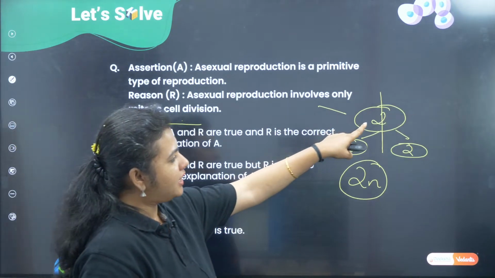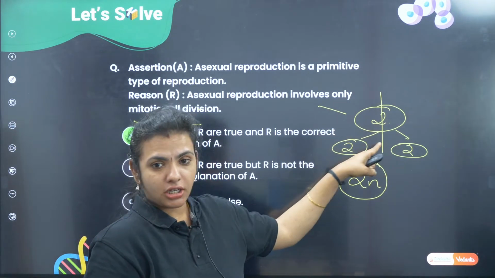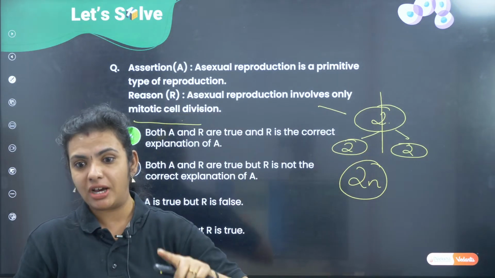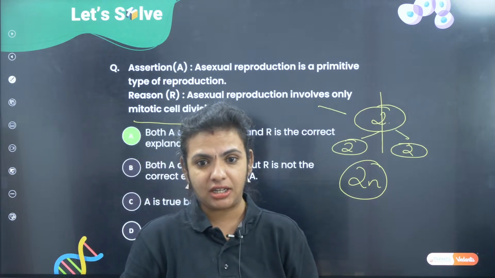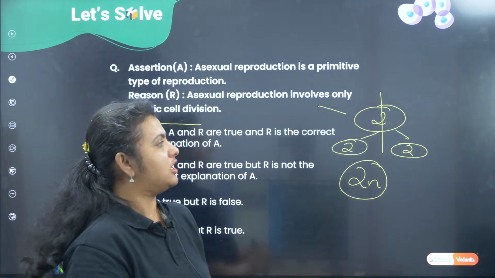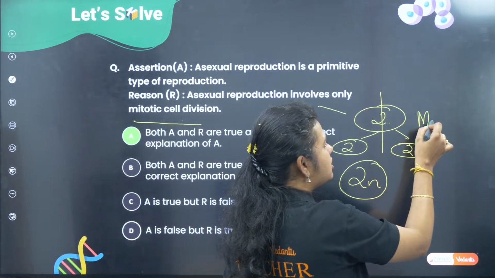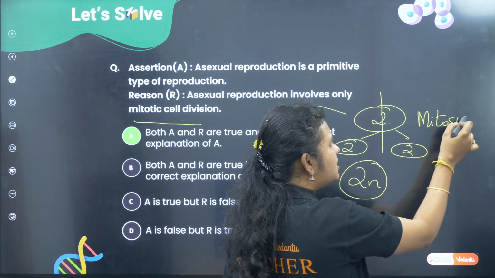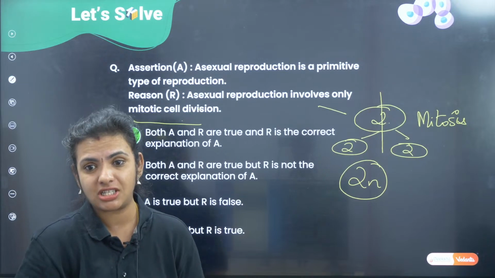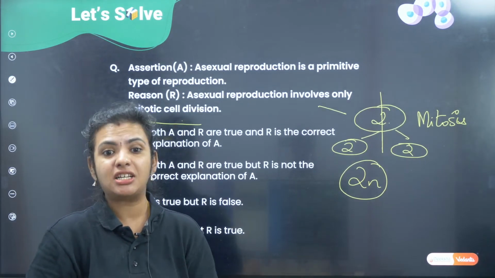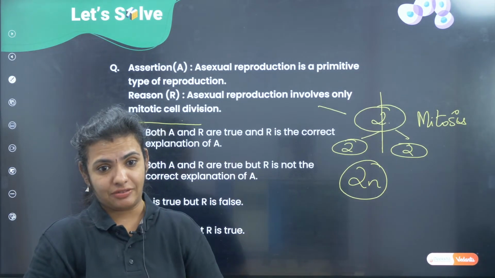So, the parent has 2, the daughters are also 2 in number. They have the same number of chromosomes as the parent, and this kind of division is called mitosis. This is the simplest form of cell division. Mitosis is the simplest, the first form of cell division.